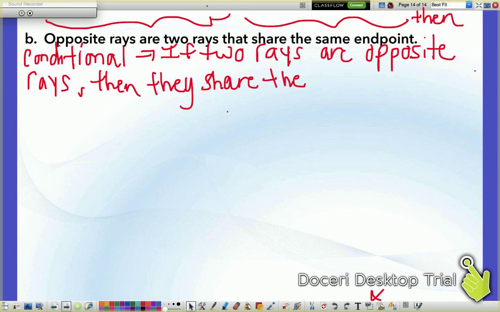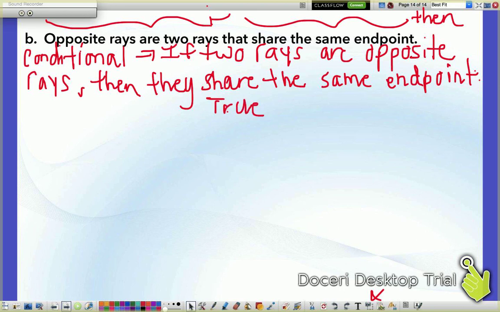Boy, is that sloppy. Okay, that's our conditional statement. That's true.